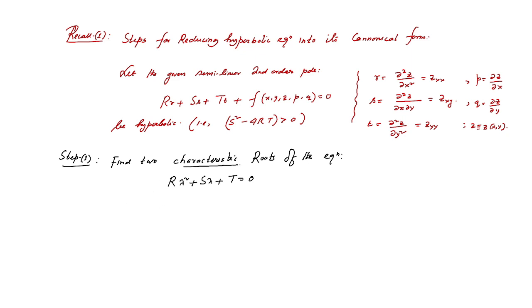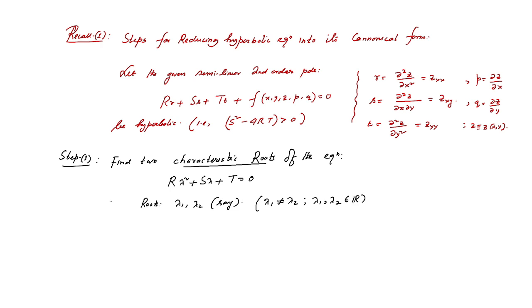Say the roots are lambda 1 and lambda 2, say. And in that case, since s square minus 4RT greater than 0, so here your observation lambda 1 not equals to lambda 2, and both are real numbers.